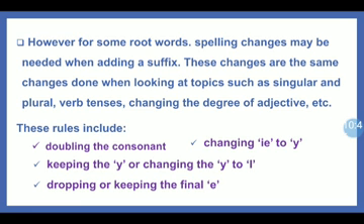For some root words, spelling changes may be needed when adding a suffix. These changes are the same changes done when we are looking at topics such as singular and plural, verb tenses, changing the degrees of adjectives, etc.